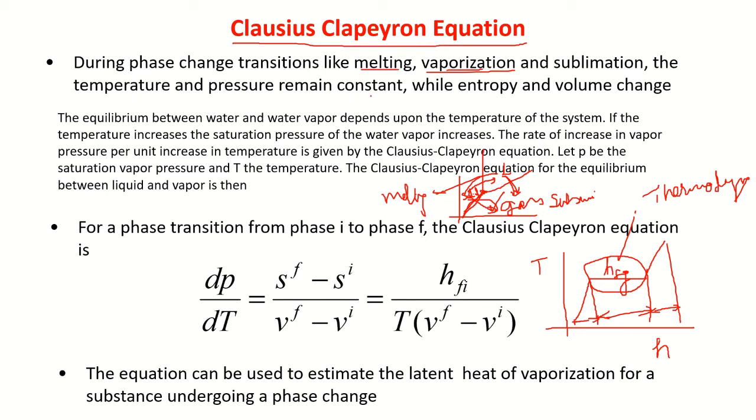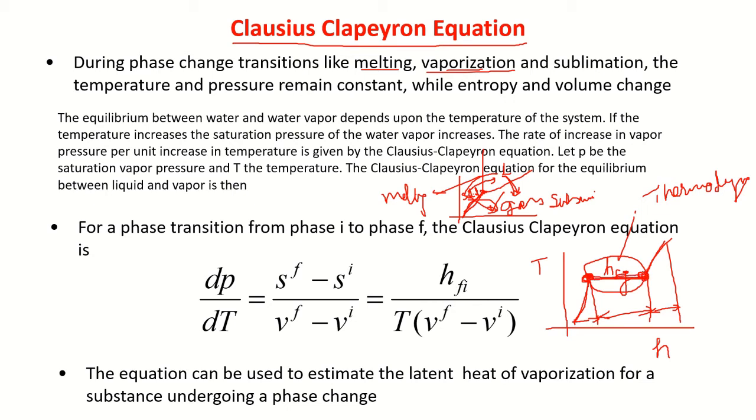So the temperature and pressure remain constant. You see here, when I explained the temperature heat input diagram for steam formation, let us say this is a constant pressure line. Here you have the saturated liquid point, and this is the saturated vapor point. Liquid gradually gets converted into vapor.